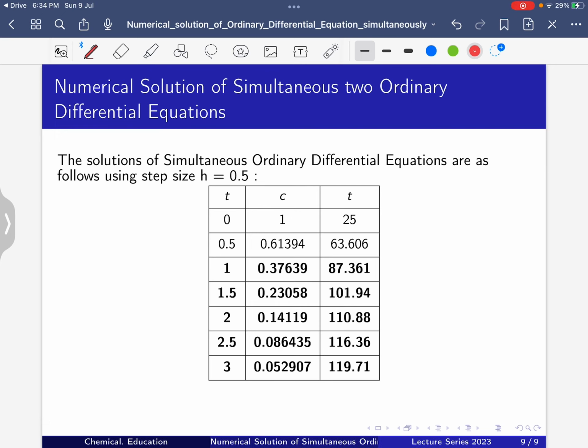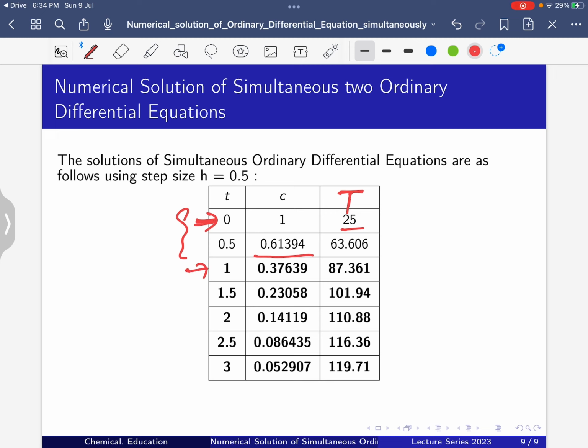Now here I am summarizing all these variables. Summarize means we are calculating, at different t, what will be the C and capital T value. So at t equal to 0, the initial condition, C is equal to 1 and T is equal to 25. At t equal to 0.5, after doing the calculation, the step size here is 0.5, we'll get C equal to 0.61394 and T equal to 63.606.